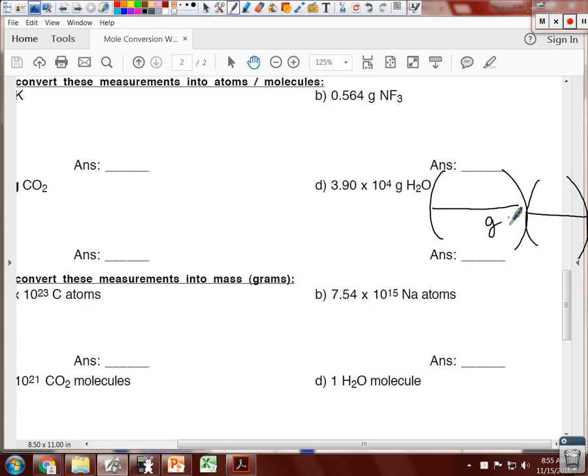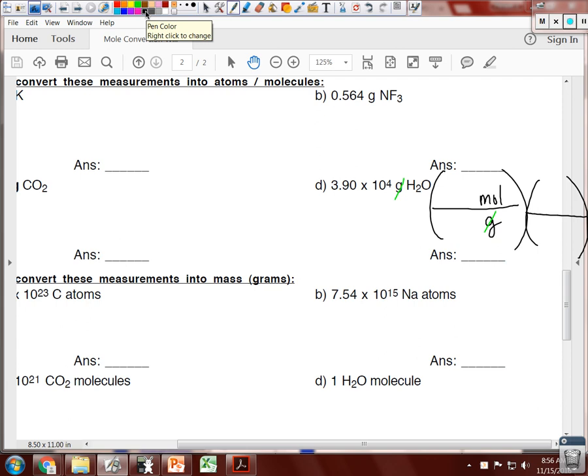Now, I'm trying to get to atoms, but who's the middleman? Who's always in between? Moles. So I know that I can go from grams to moles. Now, by doing this, what have we essentially canceled? We've canceled grams. Again, we already know we can't stop here, but why can I not stop there and give you a final answer?